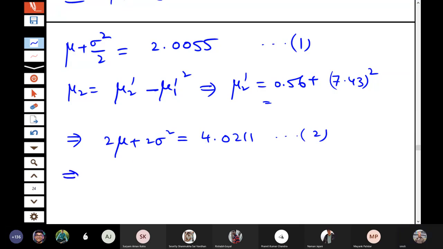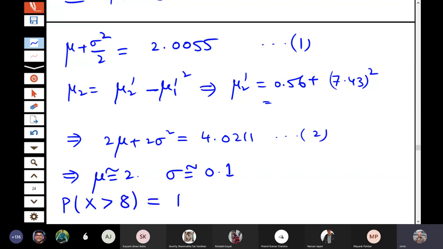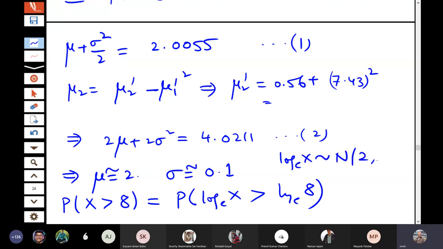So you can just solve these equations number 1 and 2. You get mu is equal to 2 and sigma is equal to 0.1. This is an approximated value; I have just written it because it is 2.00 something, and similarly sigma is 0.100 something. So now probability x greater than 8 is nothing but probability of log of x greater than log of 8. What is the distribution of log of x? Log of x follows normal with mean 2 and sigma square equal to 0.1 square.